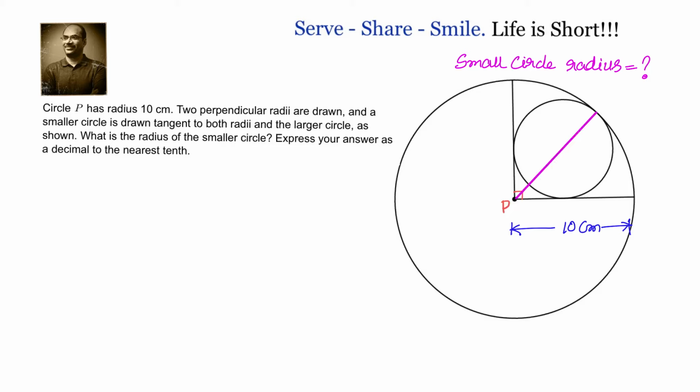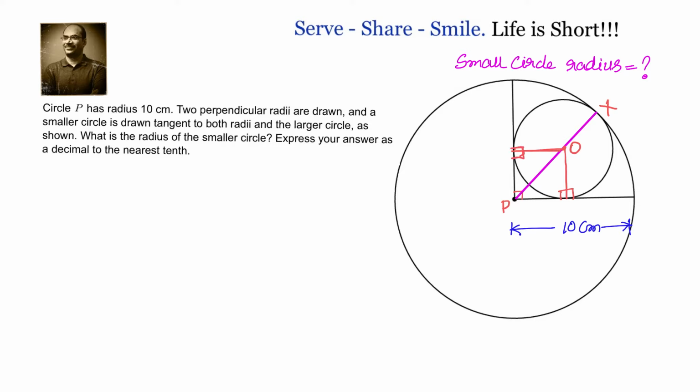Now we have joined the point P, the center, to, let us say this point of contact is X, and we will say that the center of the small circle is equal to O, and if we drop a line from center to the point of contact, we know that these angles will be 90 degrees.